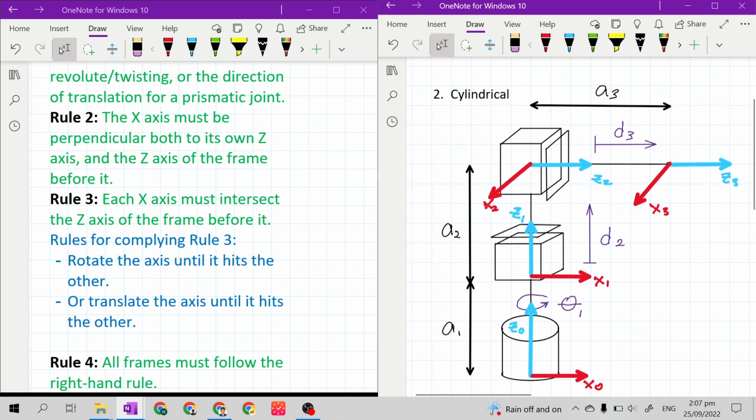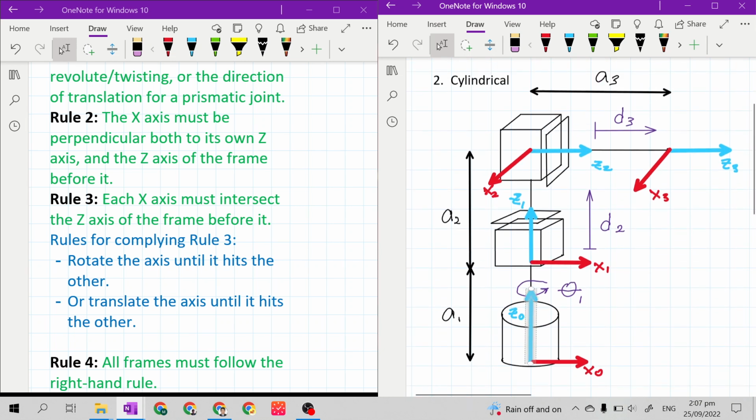So z sub 0 extended is z sub 0, positive z sub 0, while x sub 1 extended to the right is positive and extended to the left is negative. Therefore, we can extend the x-axis and z-axis to see if they are intersecting with each other.